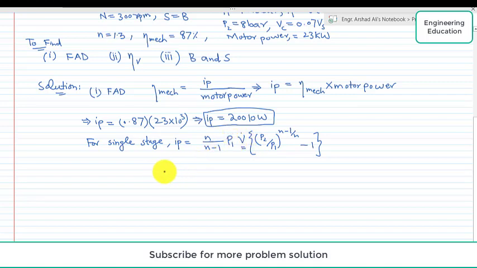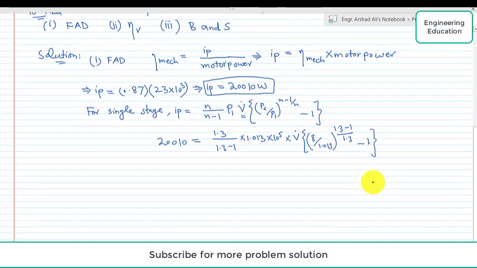Putting the values, indicated power is 20010 watt and n is 1.3, and n minus 1 is 1.3 minus 1. P1 is 1.013 times 10 raised to power 5. V dot is what we are finding. P2 is 8 bar, P1 is 1.013, power (1.3 minus 1) by 1.3, minus 1.